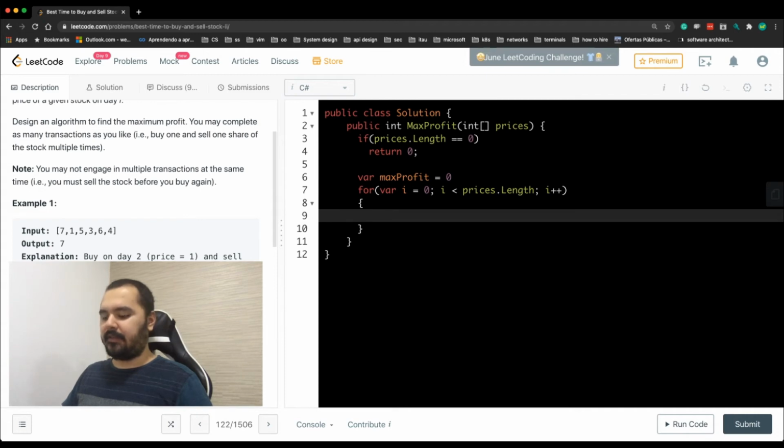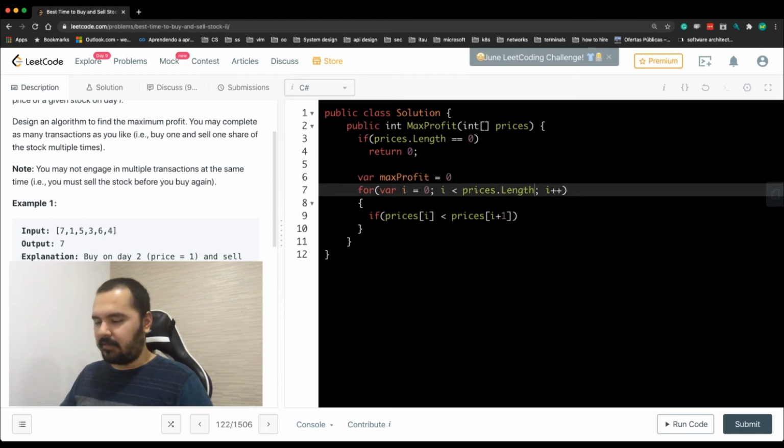We can check if the current price is less than tomorrow's price. And yes, as we are doing this i plus 1, we have to stop our iteration not at the last item, but at the last but one item in this array.